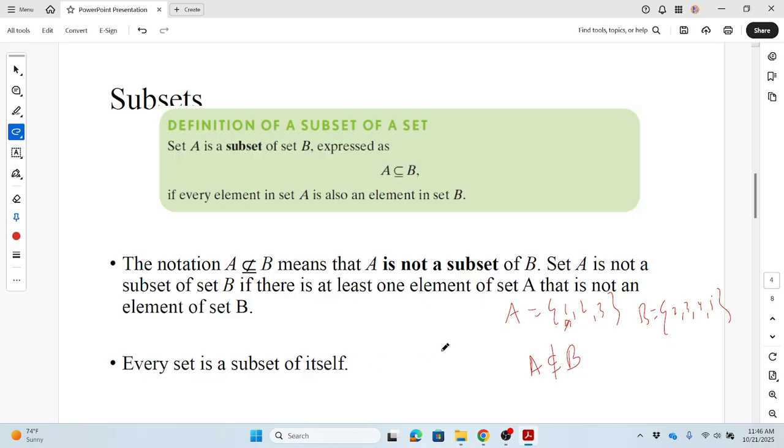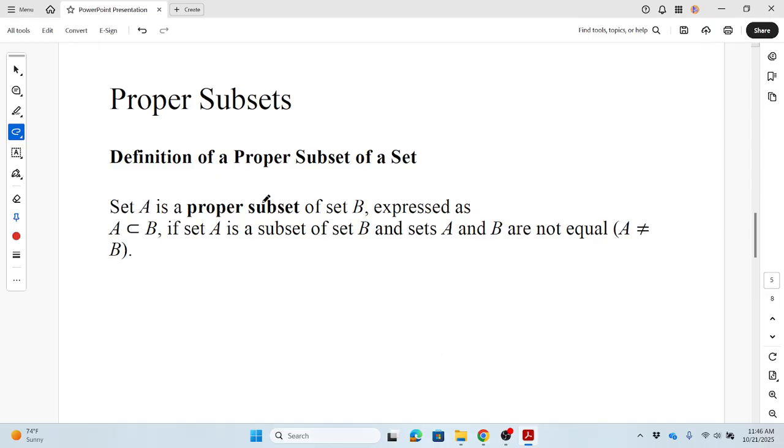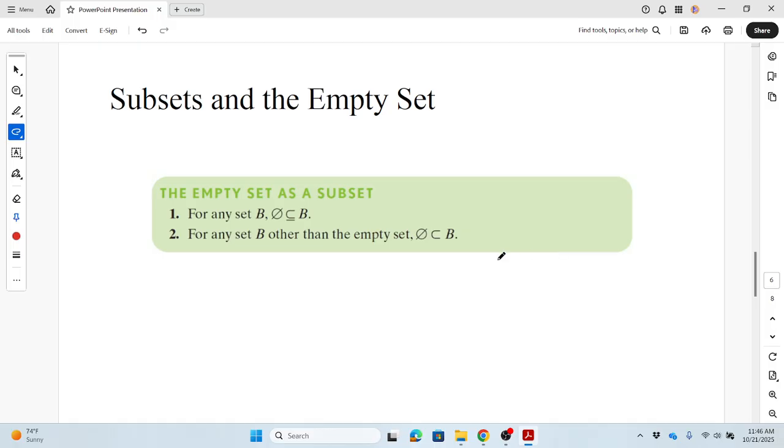Every set is a subset of itself. Proper means A is a proper subset of set B if set A is a subset of set B and sets A and B are not equal. For any set, the set itself and the empty set are subsets of the set.